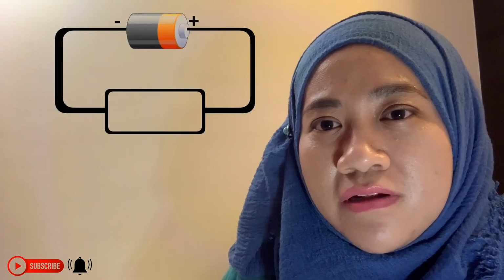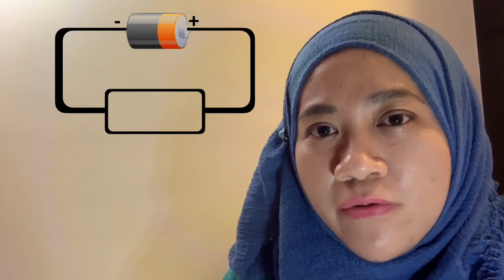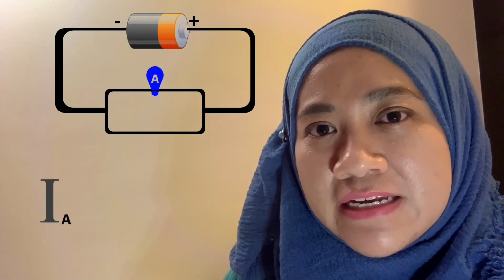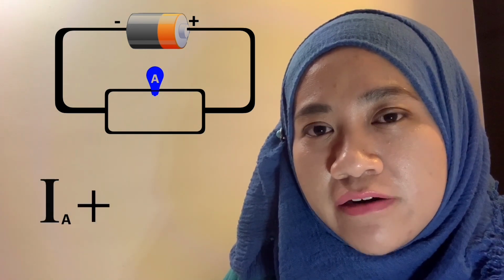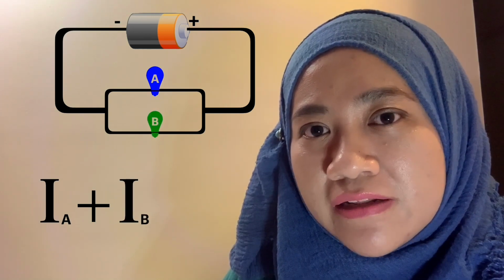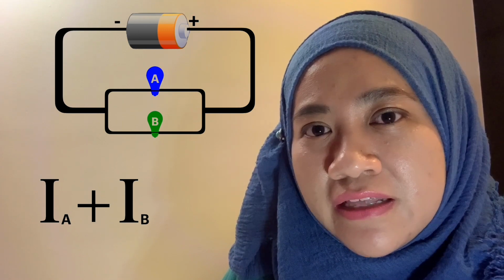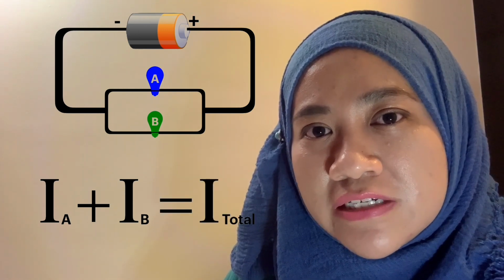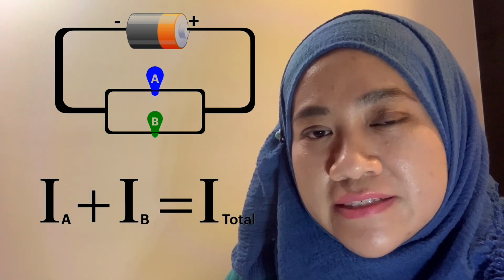For example, when the value of current flowing in bulb A is added to the value of current flowing in bulb B that are connected parallel in the circuit, the value is equal to the total amount of current in the circuit.